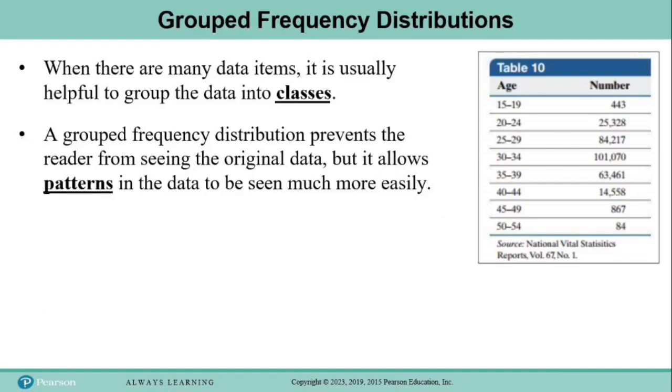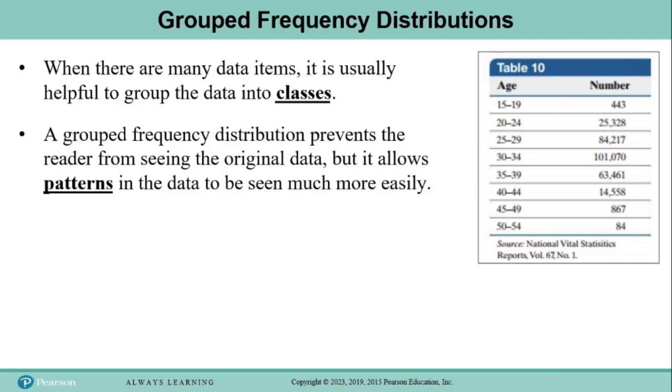Now, one drawback of putting the data into classes is that it prevents the reader from seeing the original data. So when I look at this first class, I know that there are 443 people between the ages of 15 and 19, but I have no way of knowing if 300 of them are 15 and the rest are 19, or if some of them are 16, 17.